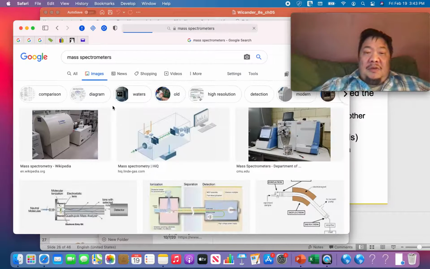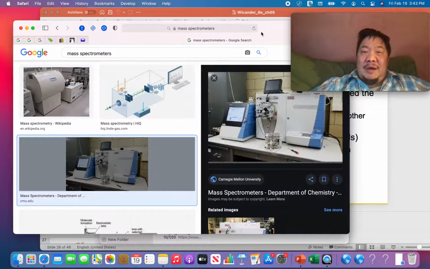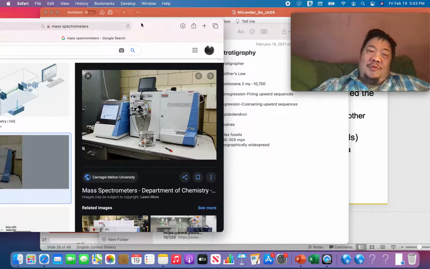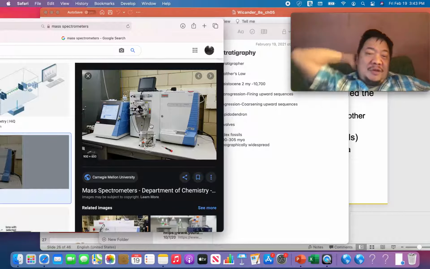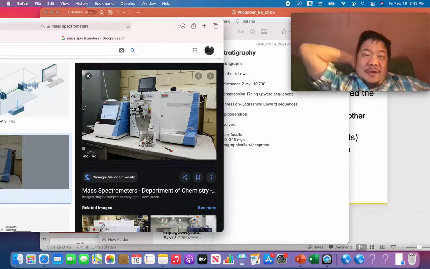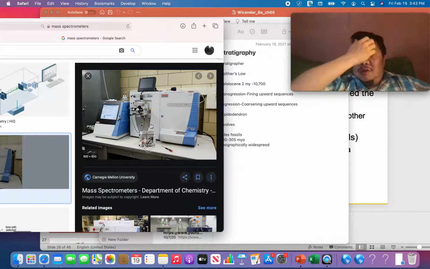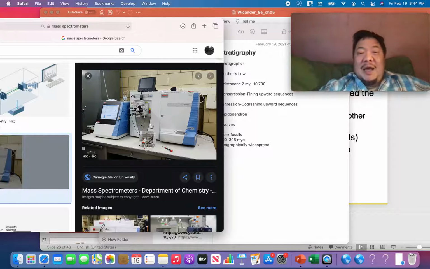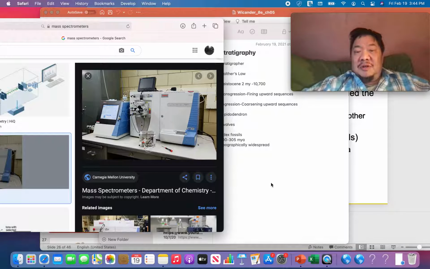And then you have to hire people like me, I did this for 2 years, to run this machine and count parents and daughters. And then you have to know the half-life of that radioactive isotope. And then you have to figure out how many half-lives have gone by counting those parents and daughters. And then the whole process might cost you tens of thousands of dollars.